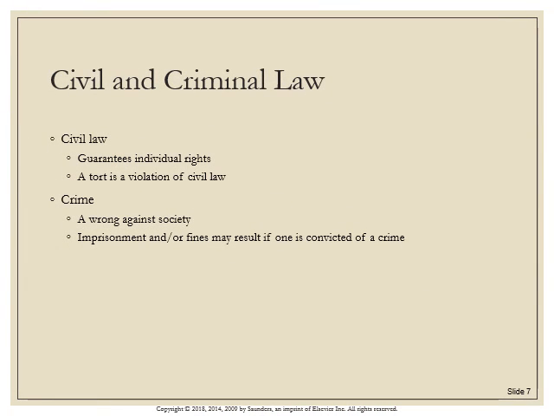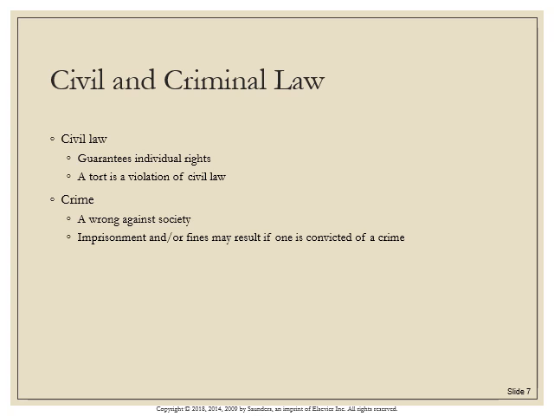Civil and criminal law. Statutes, also referred to as laws, may be either criminal or civil. Civil laws deal with potential wrongdoing of a person against another person. Civil laws guarantee individuals' rights, and a tort is a violation of civil law.